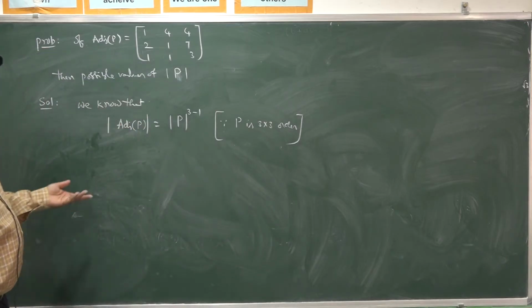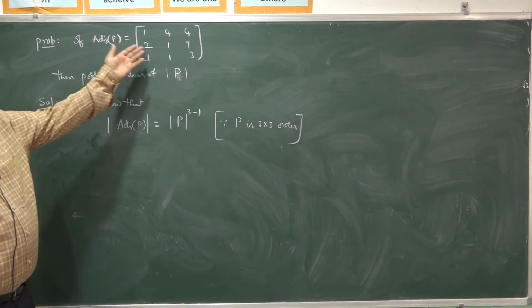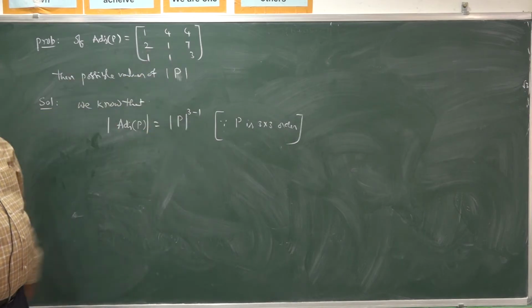Once P is 3 by 3 order, the adjoint is also 3 by 3 order. The adjoint is 3 by 3, hence P is 3 by 3.